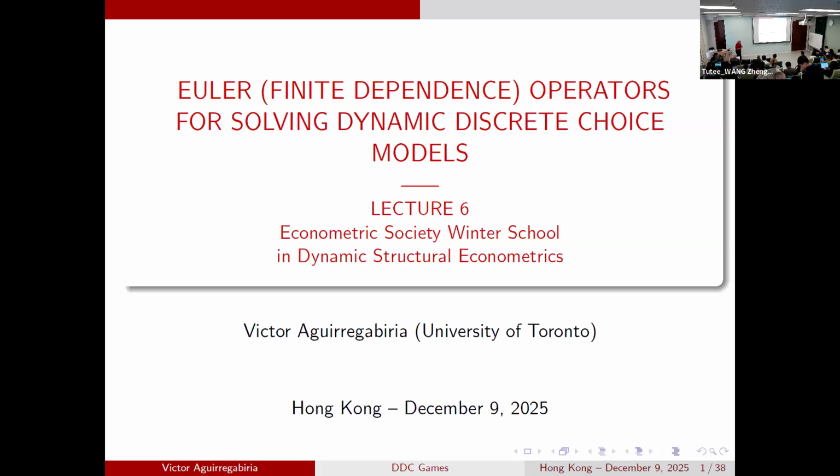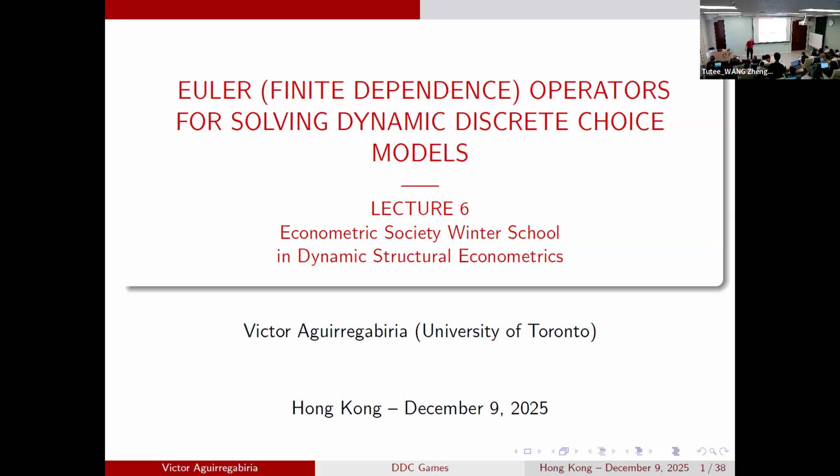Today I will continue talking about finite dependence, but in the context not of estimating dynamic discrete choice models, but in the context of an algorithm for solving this model.